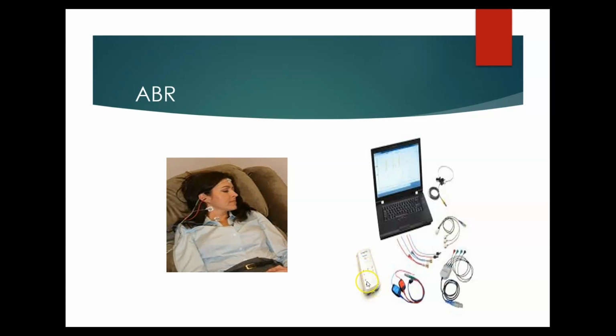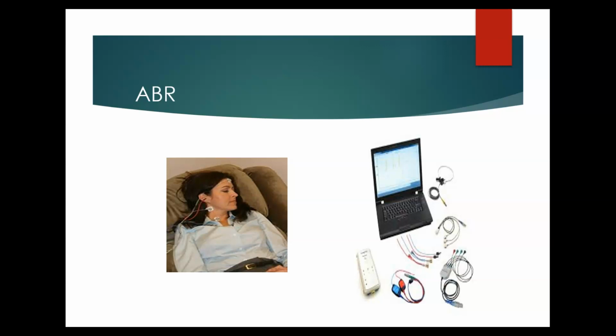And this monitor evaluates the ongoing EEG as we add stimulus in there. The stimulus that we typically use is insert earphones, which this is an insert earphone. You'll notice up here that we can also measure bone conduction ABR.